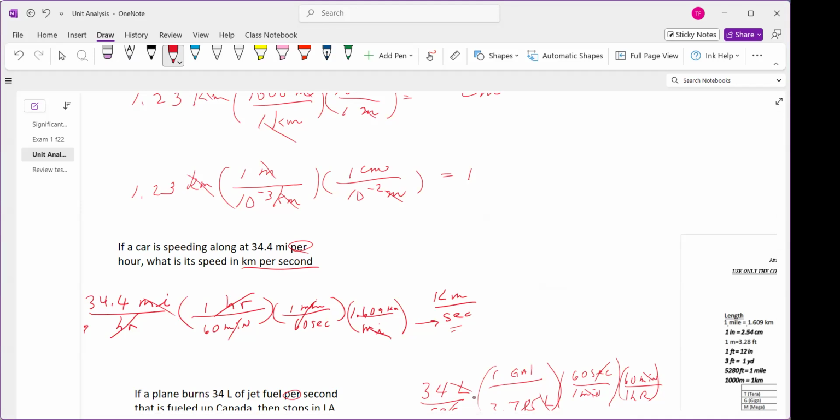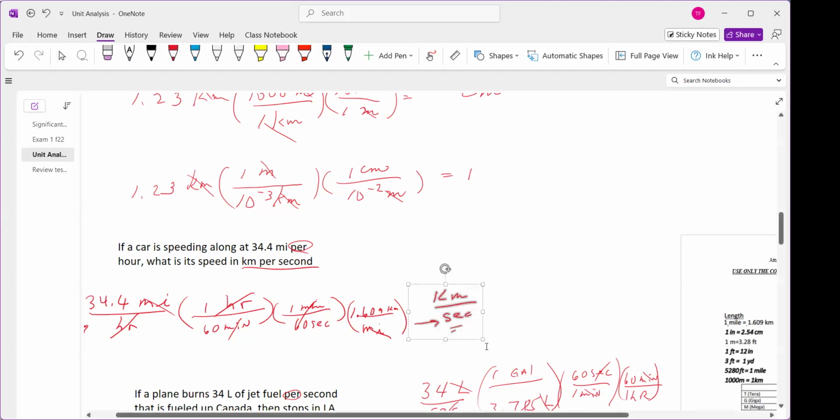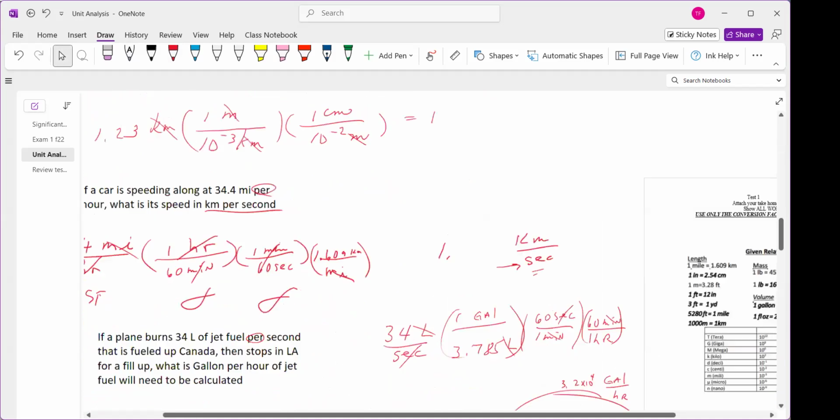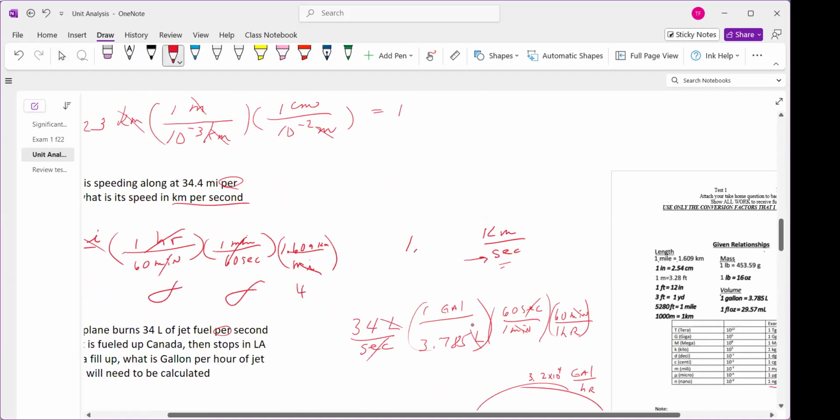Sig figs. 3, infinite, infinite, infinite. So our answer is 3 sig figs.